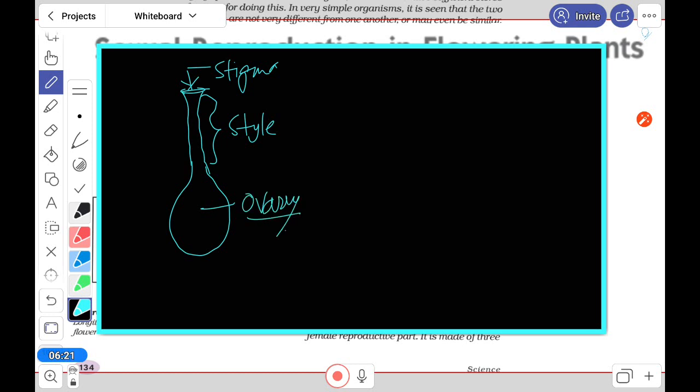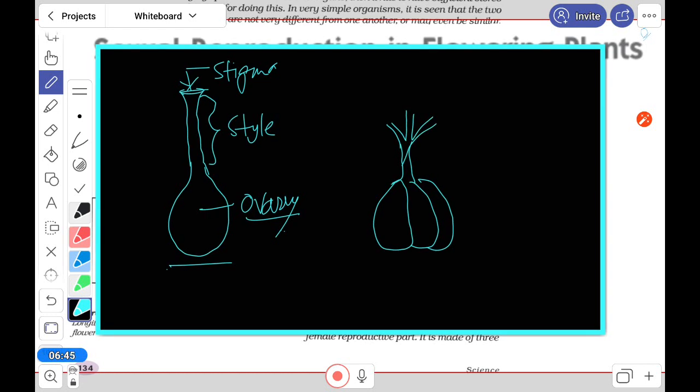Okay, now if there is only one chamber in the ovary, then the carpel and the pistil are the same. But sometimes the chamber is many, and here also this type of structure is there.